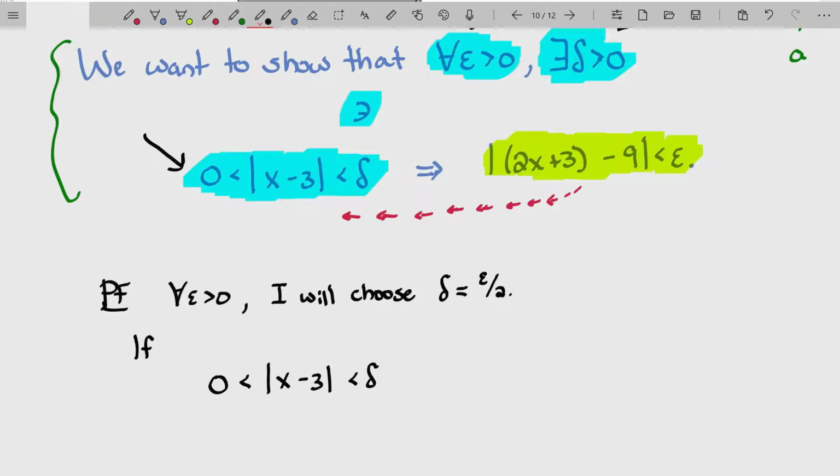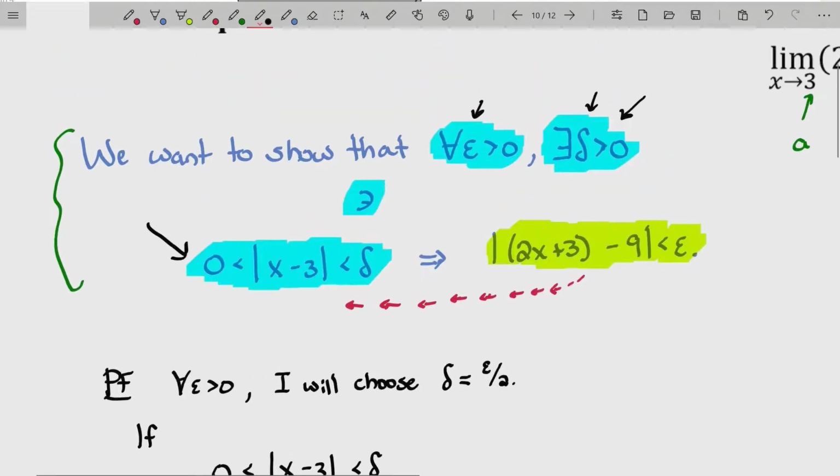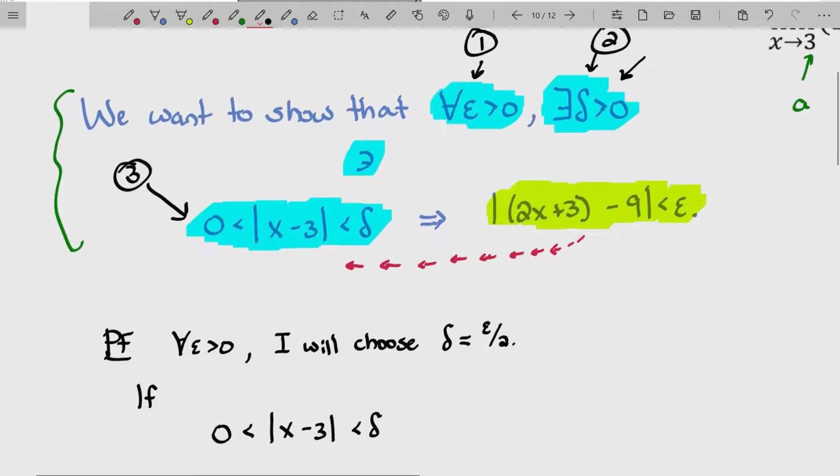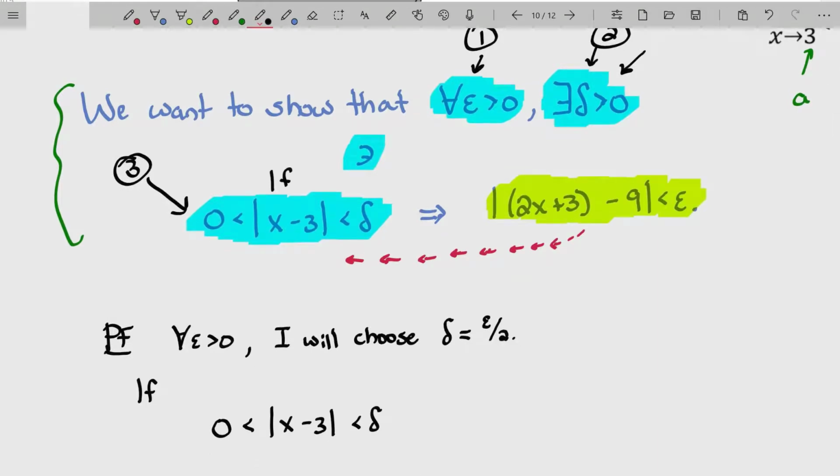Notice I'm just stealing the definition. I literally have written down for all epsilon greater than 0. I've literally stated what delta is, and now I'm stating, well, if this is true, remember this is the if part and this is the then part.